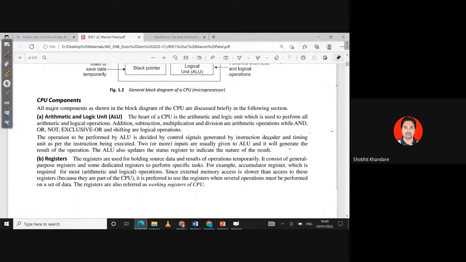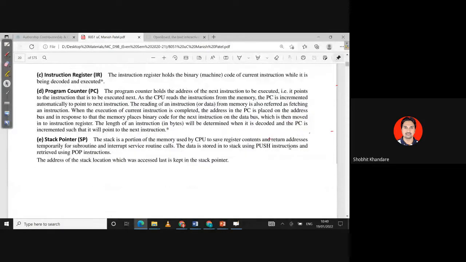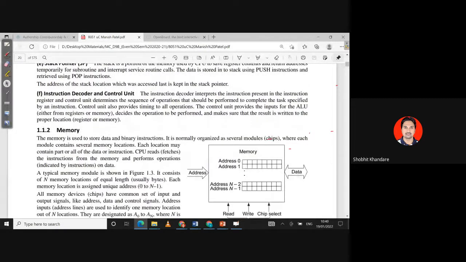The instruction decoder interprets the instruction present in the instruction register, and the control unit determines the sequence of operations that should be performed to complete the task specified by an instruction.